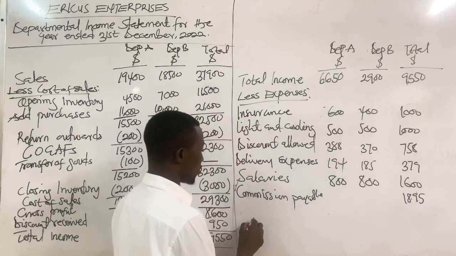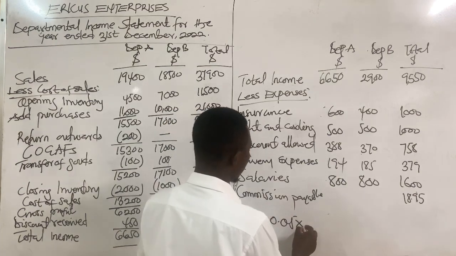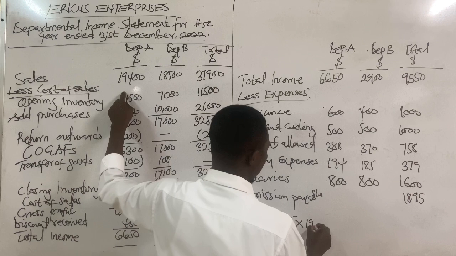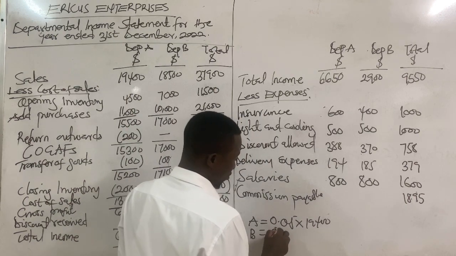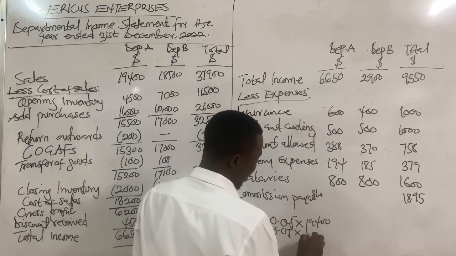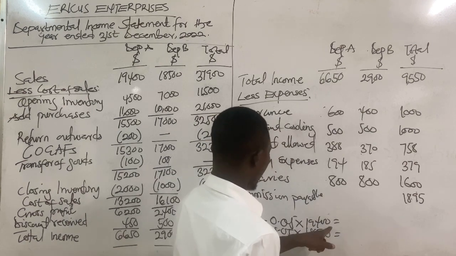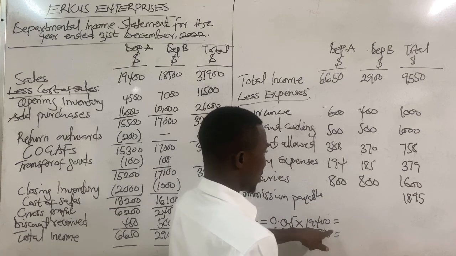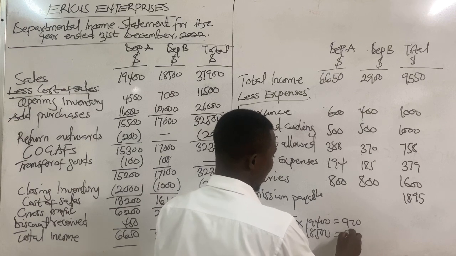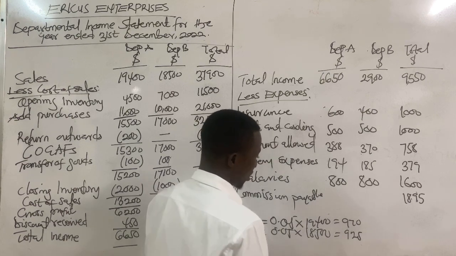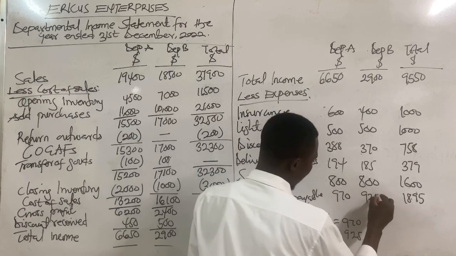So for department A, 0.05 on sales, that is 19,400. For department B, 0.05 multiplied by the 18,500. So for department A, that will be 970. Department B, 925. Okay, so 970, 925.